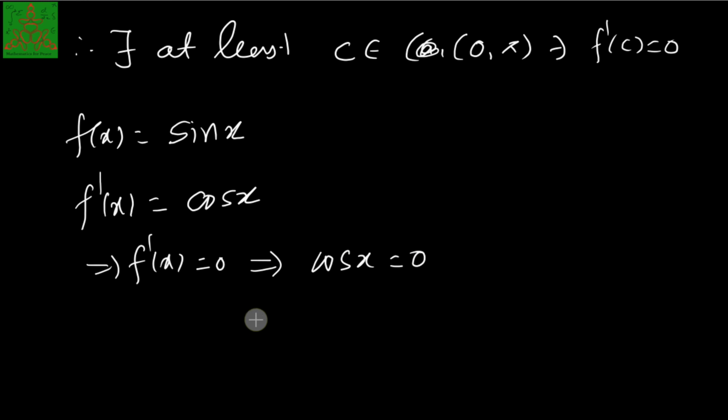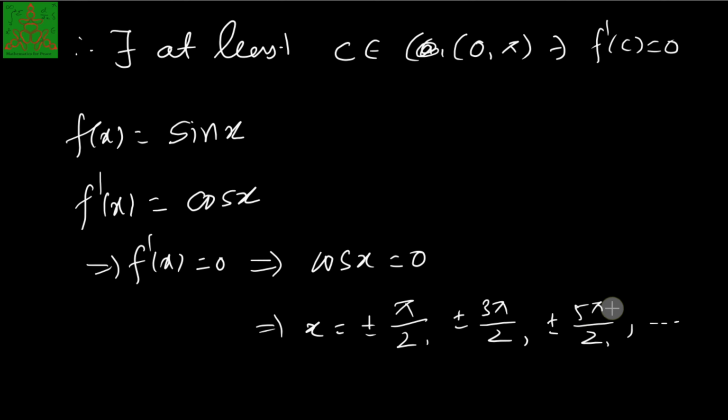Cos x is 0 implies that many values of x are possible, for example plus or minus pi by 2, plus or minus 3 pi by 2, plus or minus 5 pi by 2, all those values where cos is 0. But among these values, the theorem says there has to be at least one c which lies in the interval. We have pi by 2, which belongs to 0 to pi. So therefore we can say that Rolle's mean value theorem is verified.